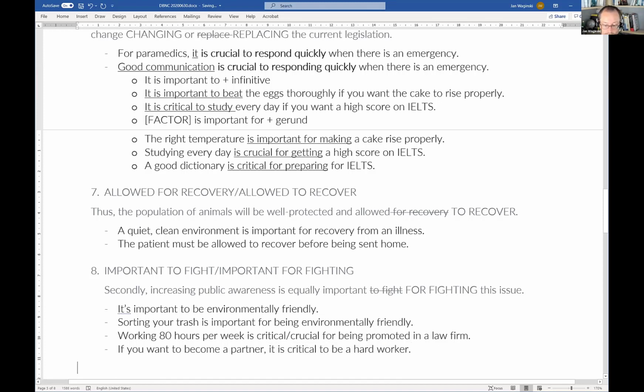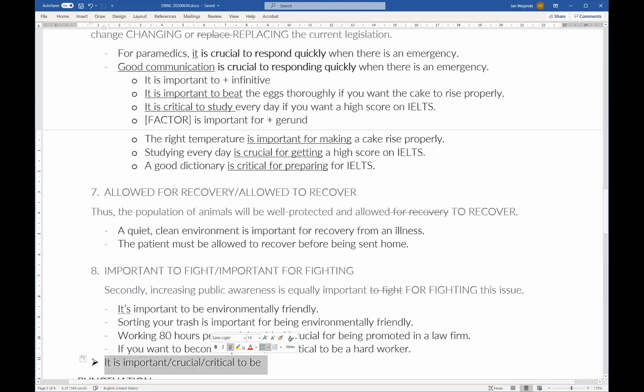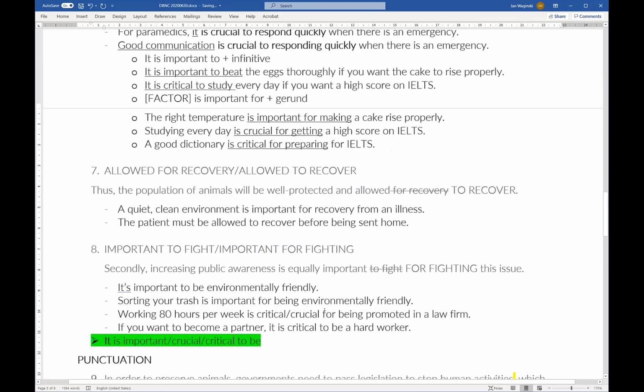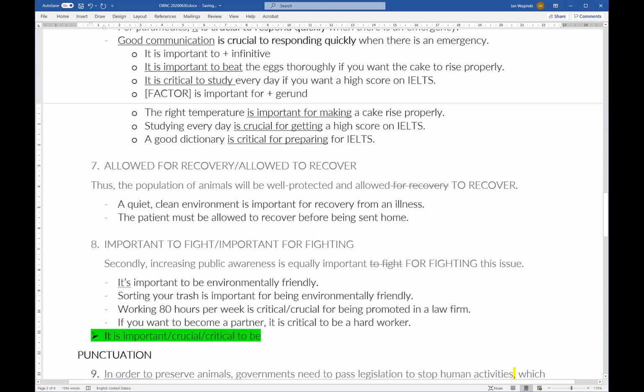So if we can come up with a very quick and dirty rule. Or it is vital. Any word, maybe.